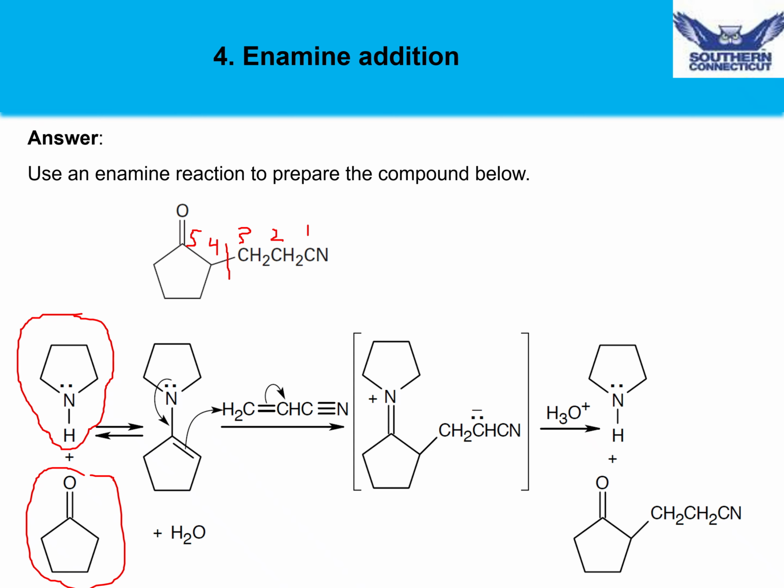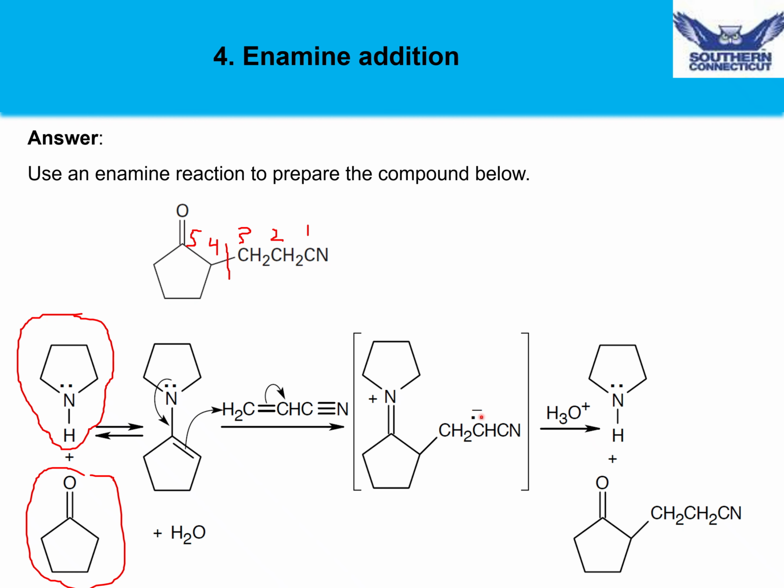And then if we add an alpha beta unsaturated nitrile, that would allow the nitrile to be the Michael acceptor. The alpha carbon of this enamine would add to the beta carbon of the alpha beta unsaturated nitrile, forming this bond here. The alpha carbon of the nitrile would be present now containing a negative charge.